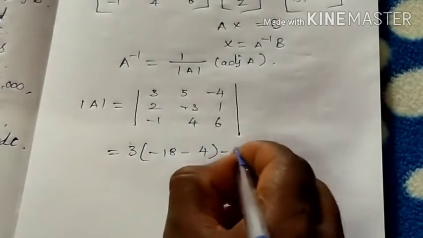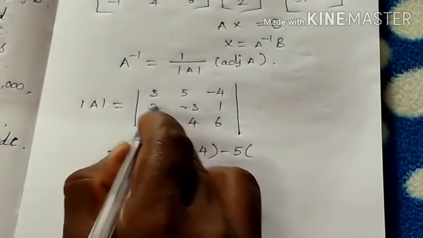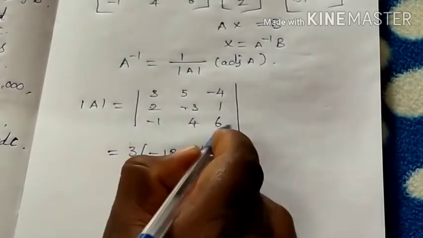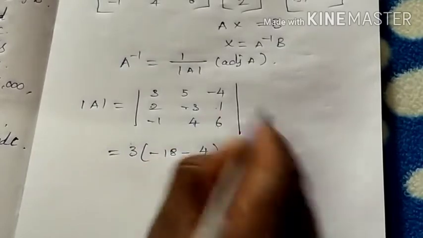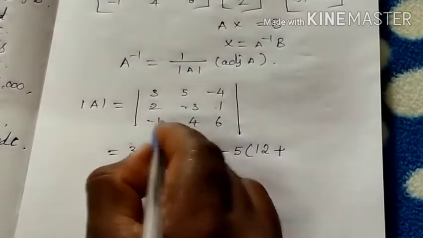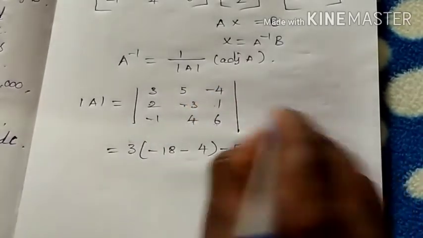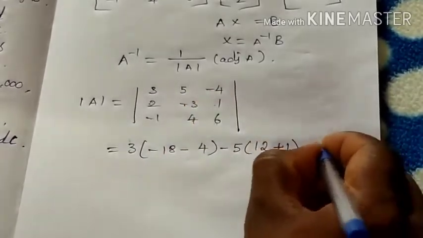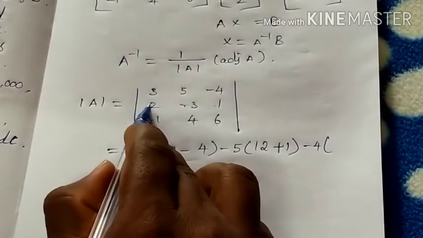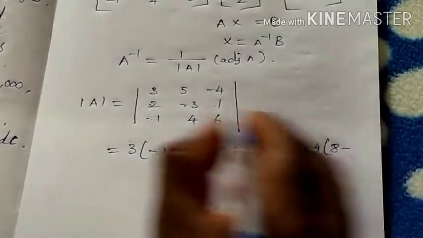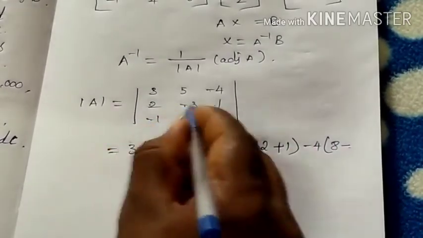Then this position is minus, so minus 5 into, omitting the corresponding row and column, (2 × 6 = 12) minus (-1 × 1 = -1), so plus 1. Then this position is plus, so plus (-4) into, deleting the corresponding row and column, we get (2 × 4 = 8) minus (-3 × -1 = 3).